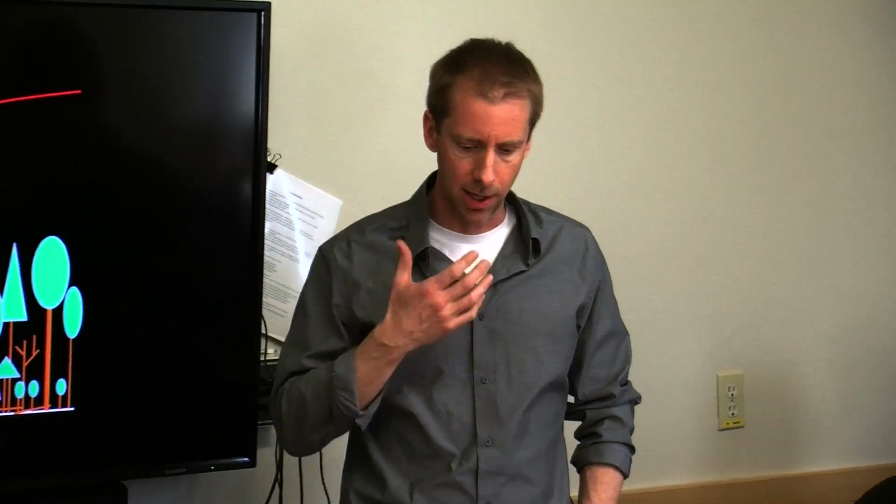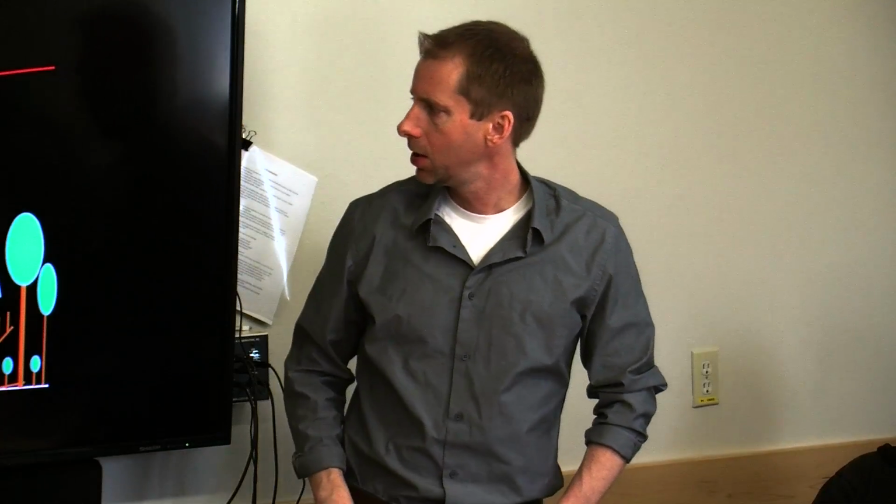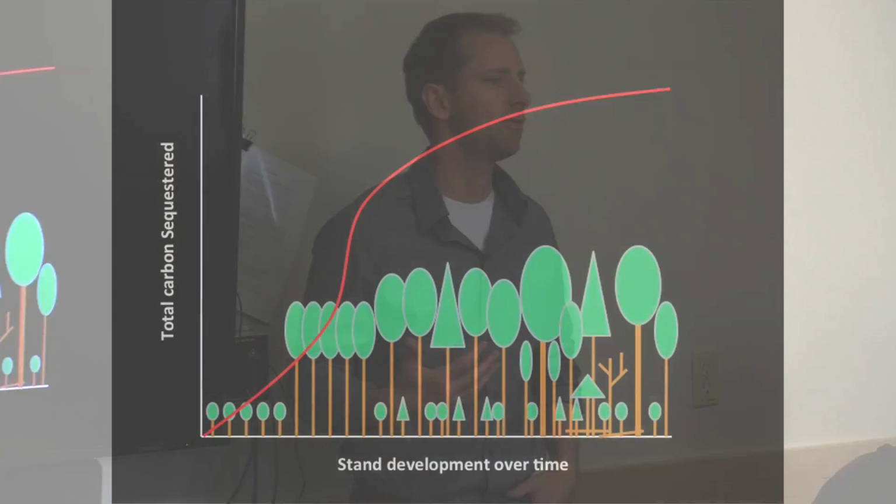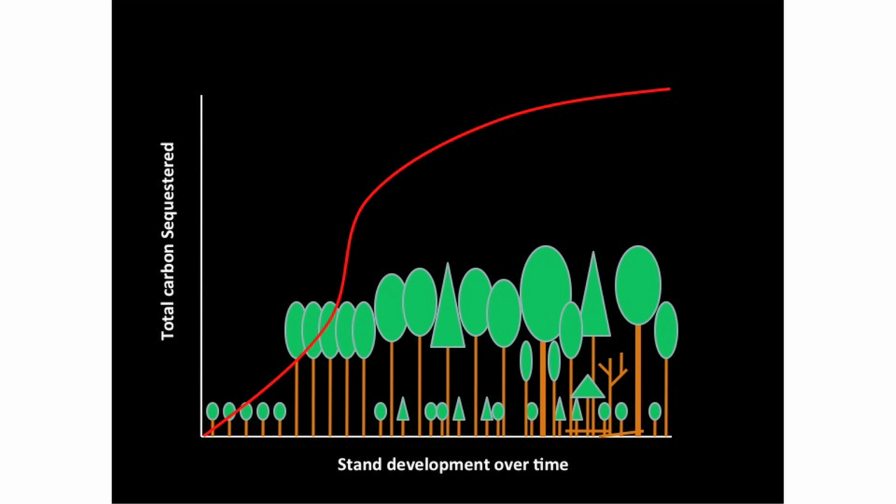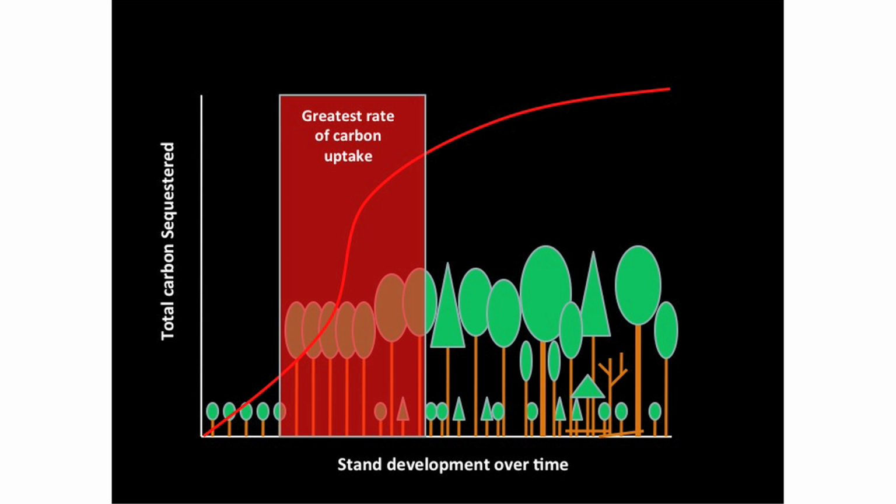Another source of disparity, and this one's a little bit simpler to understand. In my opinion, if you look at the literature, a lot of the disagreement simply reflects the different aspects of forest stand development that people are looking at. As we all know, biomass or carbon sequestration changes over time as a forest develops, as it undergoes reinitiation, stem exclusion, understory reinitiation, and then old growth development. And some people really tend to focus on these earlier or younger stages of forest development during which trees are growing rapidly and rates of carbon uptake are very high.